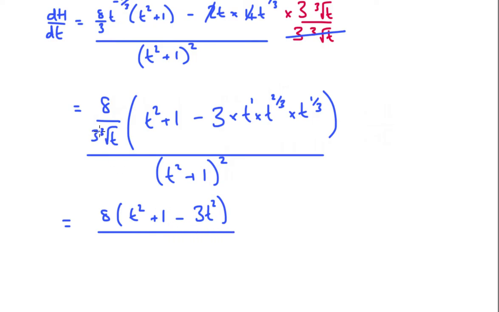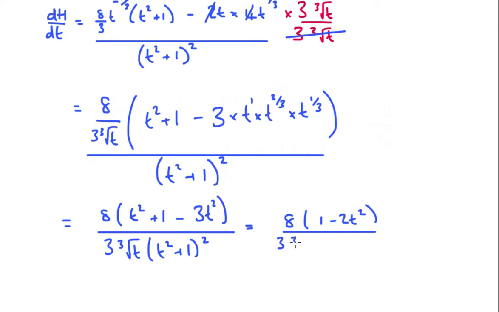Over 3 cube root t times t squared plus 1 all squared. And we're nearly there. I'm going to have 8 bracket, the top is going to simplify to 1 minus 2t squared, all divided by 3 cube root t squared plus 1 all squared.